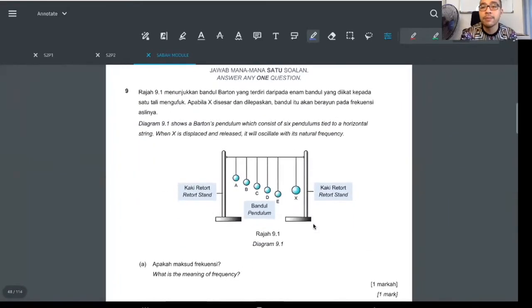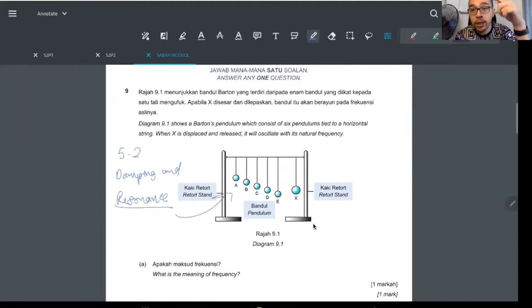Okay, Barton's pendulum. This Barton's pendulum only appears in 5.2, which is damping and resonance. This Barton's pendulum shows exactly what resonance is.